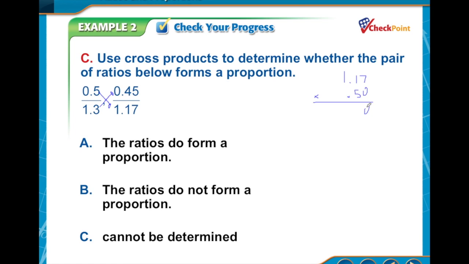We'll get nothing but zeros here. Bring down a 0. 7 times 5 is 35. 1 times 5 here, plus 3 is 8. And 1 times 5 is 5. Okay. Now we'll add this across.